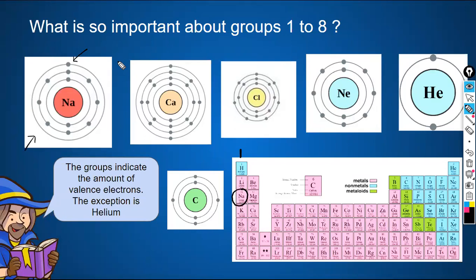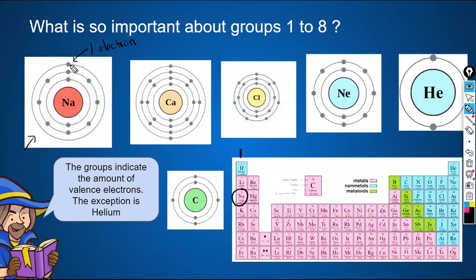Usually, when it comes to electrons, to atoms, and understanding chemical reactions, we usually just care about what's going on in the last shell. So the last shell only has one electron. Like if you were to take your time and draw out sodium, you would only end up with one electron on the last shell.